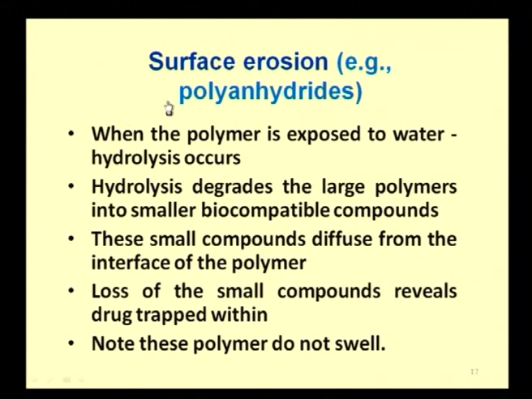Here, when such polymers are exposed to water, hydrolysis occurs. Hydrolysis degrades the larger polymer molecules into smaller biocompatible compounds, and these smaller compounds diffuse from the interface of the polymer. This leads to the loss of small compounds, which reveals the drug that is trapped within.